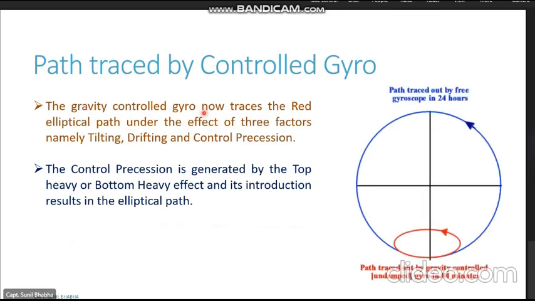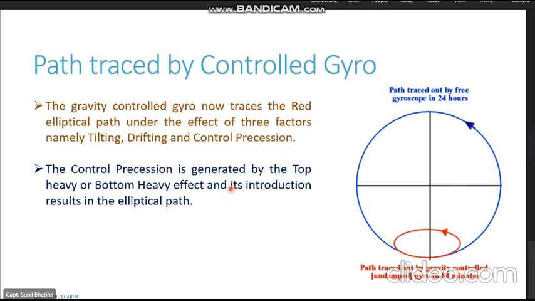So the gravity controlled gyro now traces the red elliptical path under the effect of three forces or three factors, which are tilting, caused because of change in altitude of the gyro star, drifting, caused because of change in azimuth of the gyro star, and control precession, which is caused because of the top heavy or bottom heavy arrangement which we have fitted.